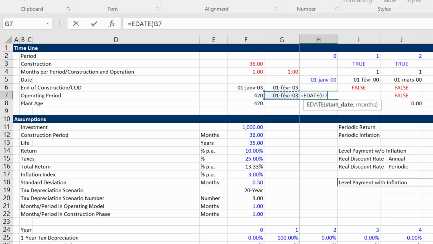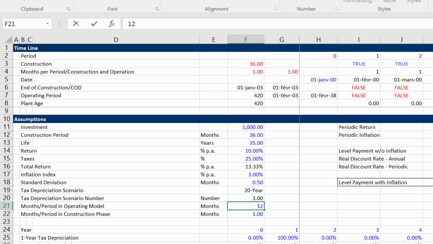Take this one. Start with this one. And then just take this one and multiply it by the monthly period factor we have, which is down here for the operating period. So now we're going to multiply it by 1. But if it was a monthly period, we put 12 in here.